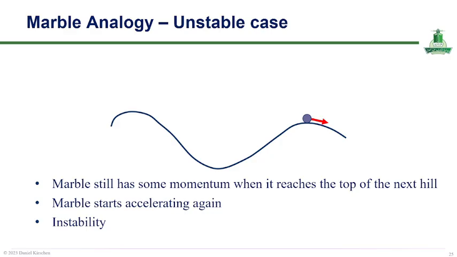This indicates that the equilibrium point is unstable. Any small disturbance causes the system to move further away rather than returning to its original position. So in a power system, this behavior represents loss of stability, where the system cannot maintain synchronism after disturbances.